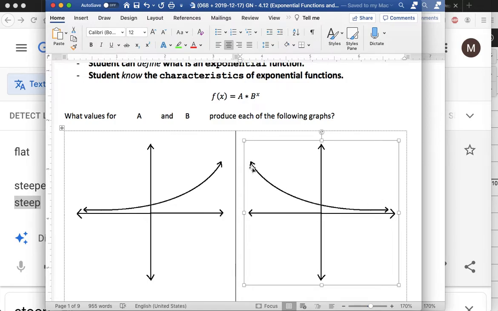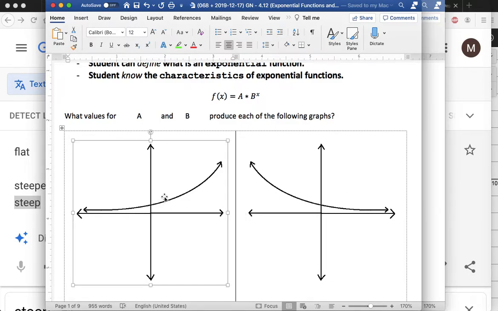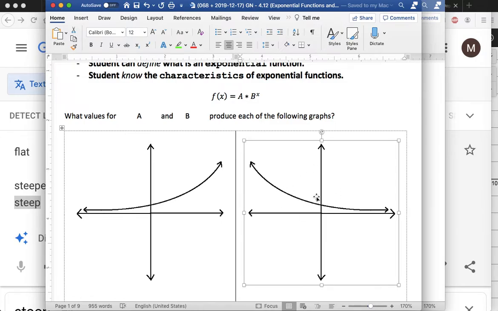So it has a very steep slope at the beginning and a very flat slope as you go towards the right. This right here is called exponential increase or exponential growth. This is exponential decline or exponential decay.